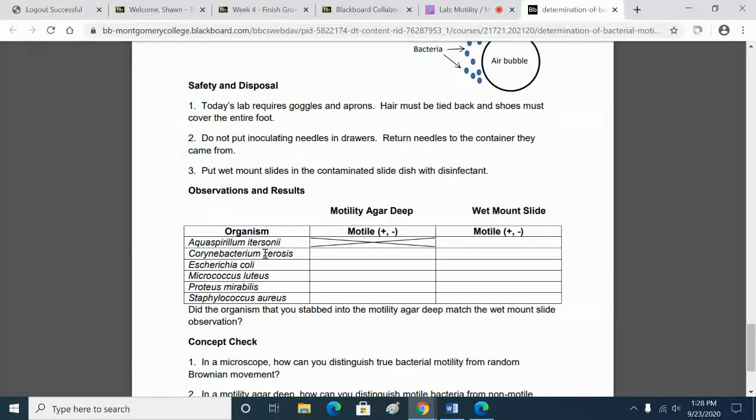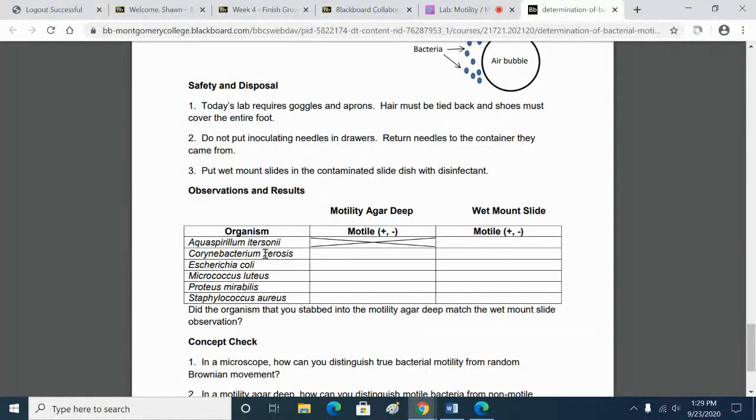Nobody remembers? It had a special type of cluster. Wasn't it in a tetrad? Right, correct. Tetrads, so groups of 4 cells. So again, it's clustered together. So would you expect Micrococcus luteus to be motile? No, and it's not, right?